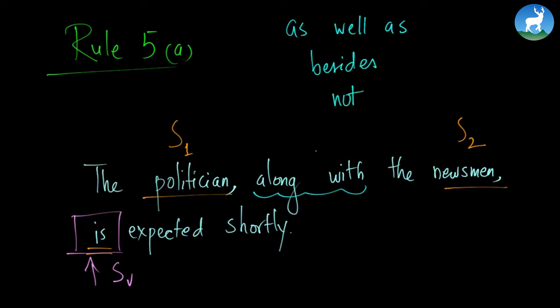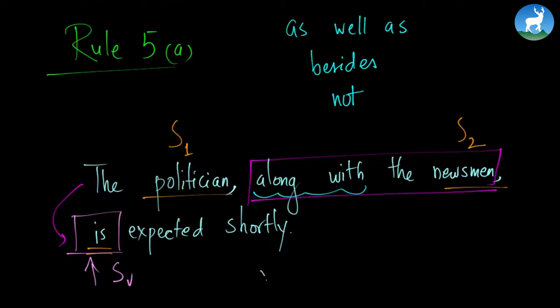So these words separate the verb from the subject. If these words and phrases are not part of the subject, ignore them and use a singular verb when the subject is singular. And if the subject is plural, use a plural verb. That is the default rule. So "along with the newsman" is not the subject here. So the answer is: the politician is expected shortly.